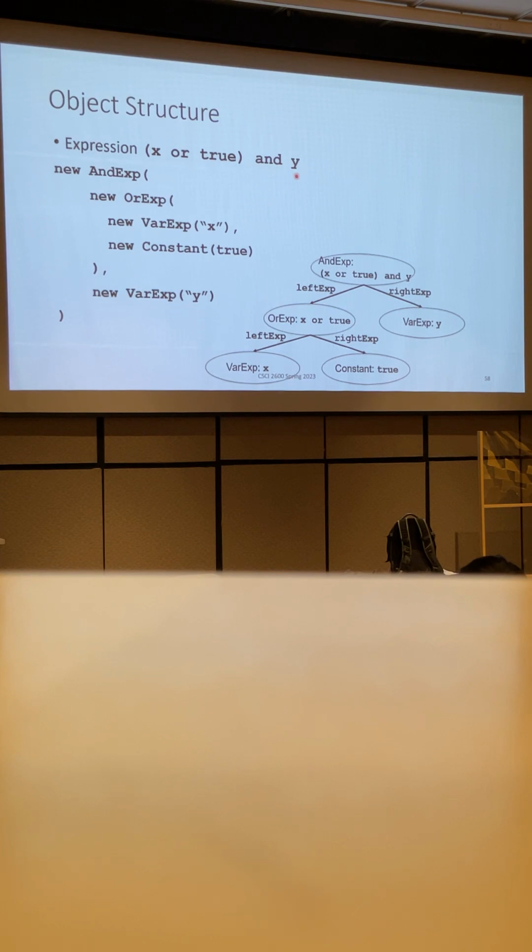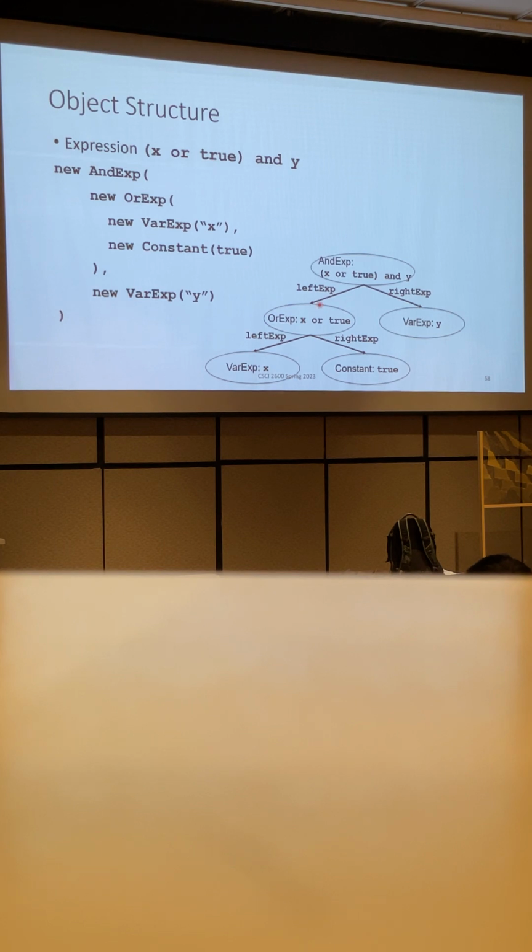Well, it's going to be the operation that will be evaluated last, right? So as the last step, we would take whatever that result is and y, right? That's why I'm here for the and expression for the tree node, saying x or true and y, right? And then the right sub-expression is just the variable expression y, it's right here.